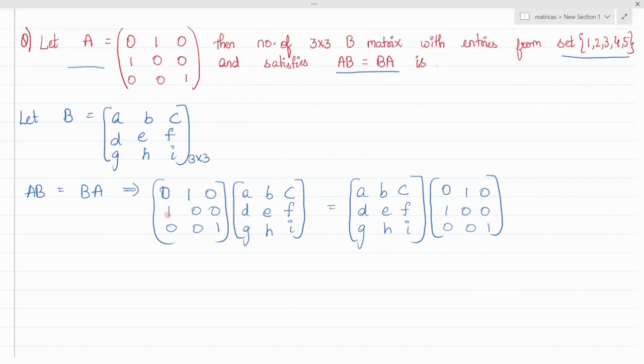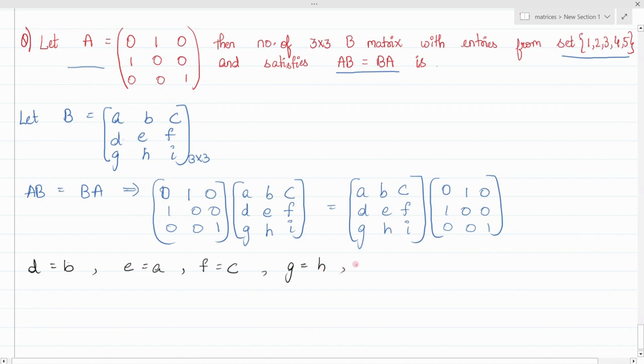You will get it as, when you multiply the first row with the first column, here d is equal to, when you multiply with this, it becomes b. This is one condition. And next, it's e is equal to a, and f is equal to c. g is equal to h.